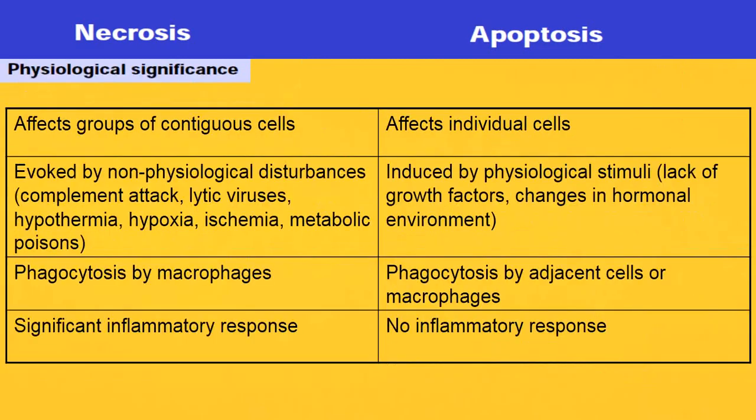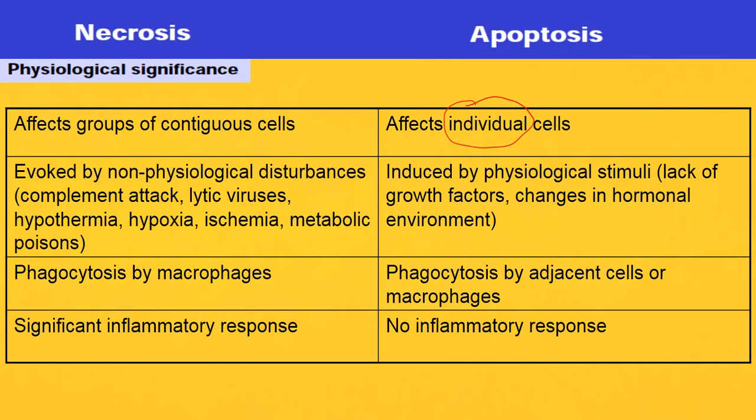Now we come to the physiological significance. Necrosis affects groups of contiguous cells. As I said, it will scream and shout, but apoptosis is very personal. It just affects individual cells, with no effect on neighboring cells.